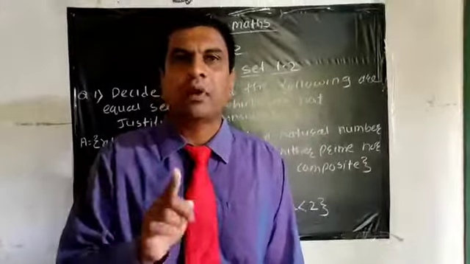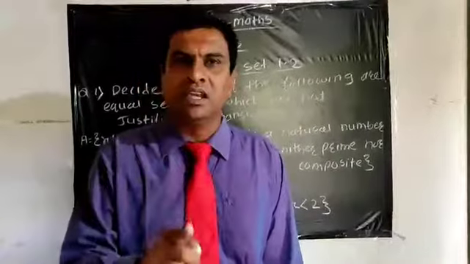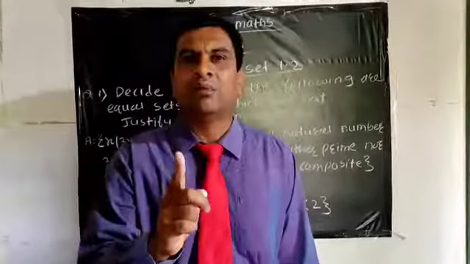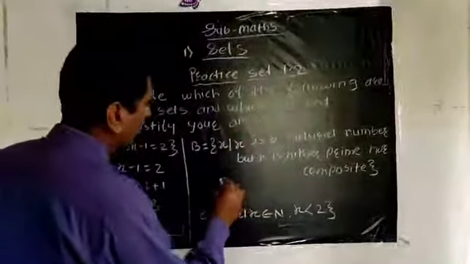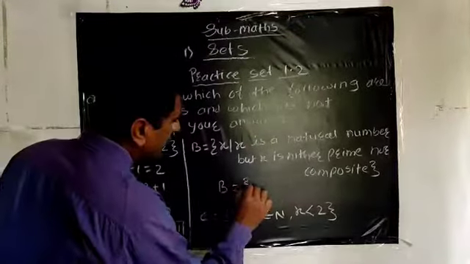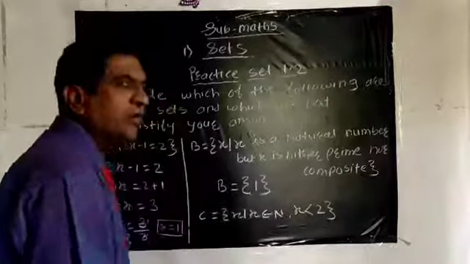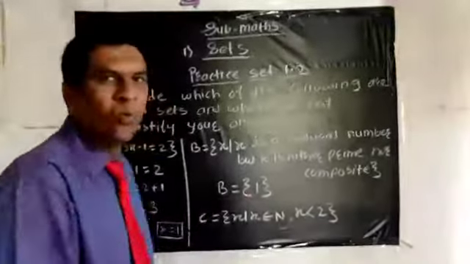And the only natural number that is neither prime nor composite is 1. 1 is neither prime nor composite. Therefore, in set B also, there is only one element and that is 1.